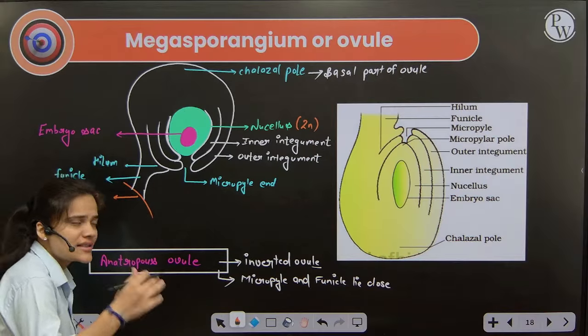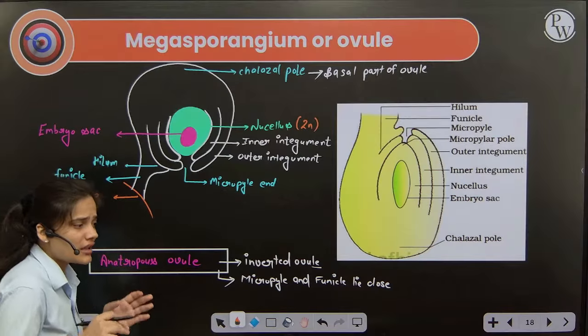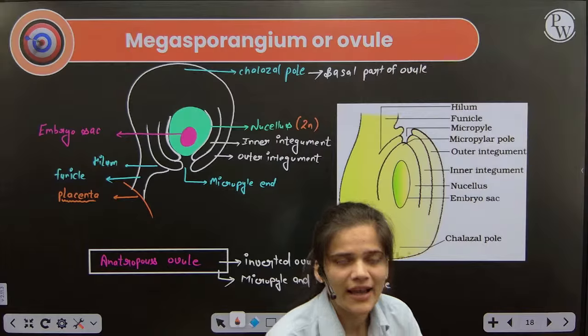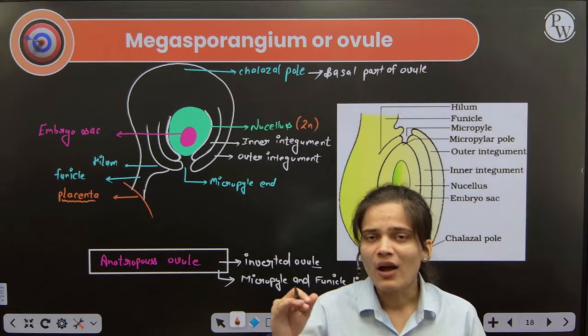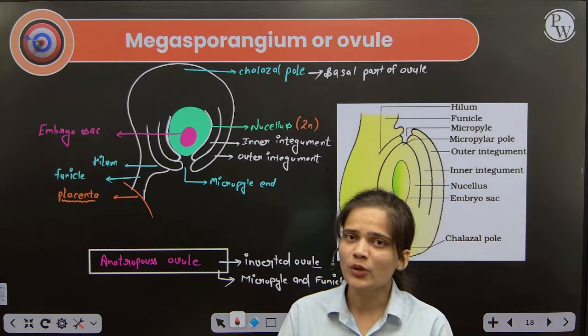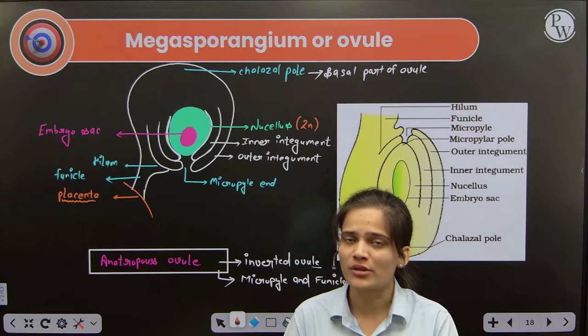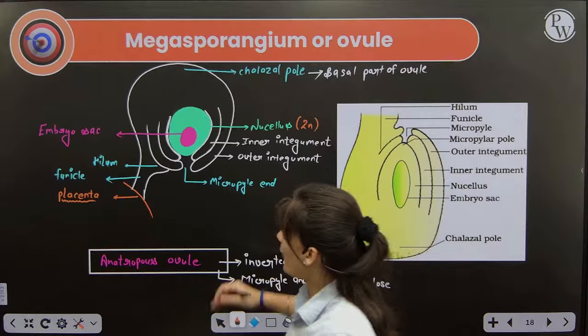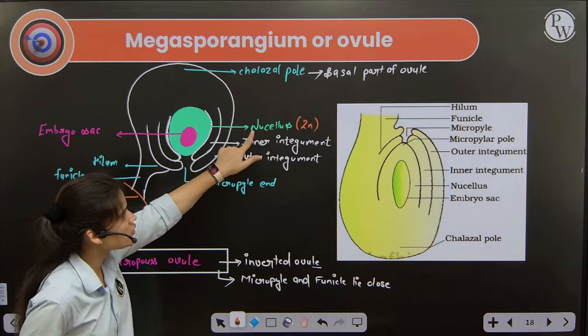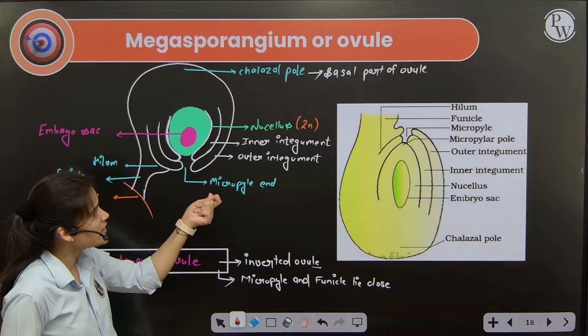megaspore mother cell. In case of male reproductive part, we observed that each and every cell of sporogenous tissue has the capability to give rise to microspores. But here what happens? Only one cell of this nucellus tissue. Which cell of that nucellus tissue?